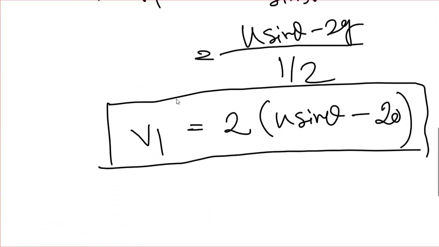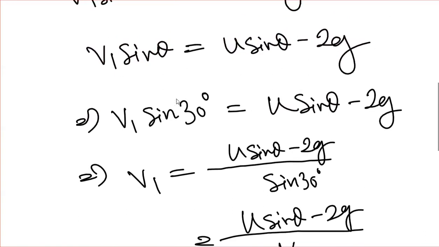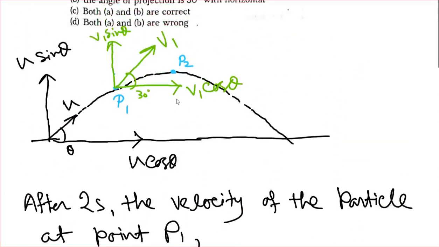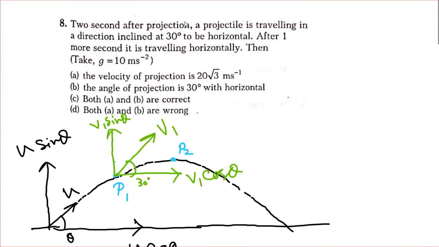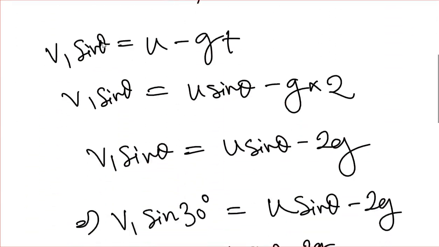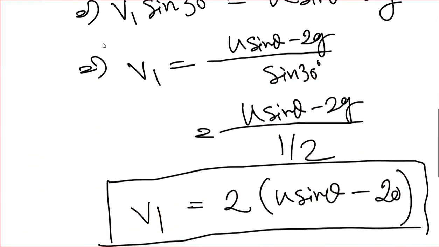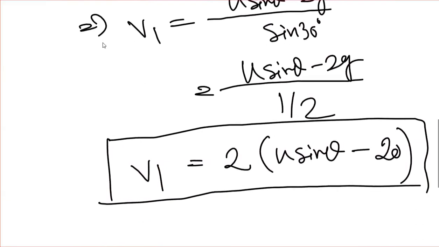So now we have to find what about after another 1 second, that means the total 3 seconds. We have to find what will be the velocity after 3 seconds.